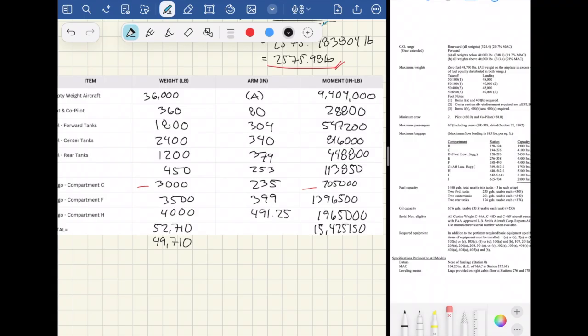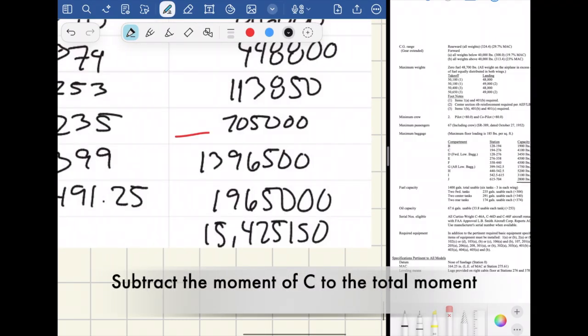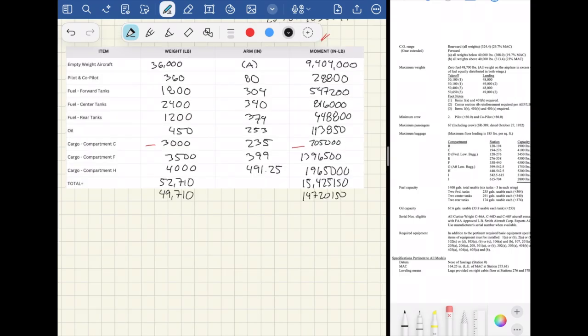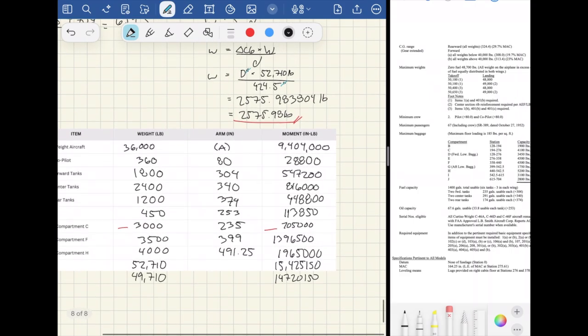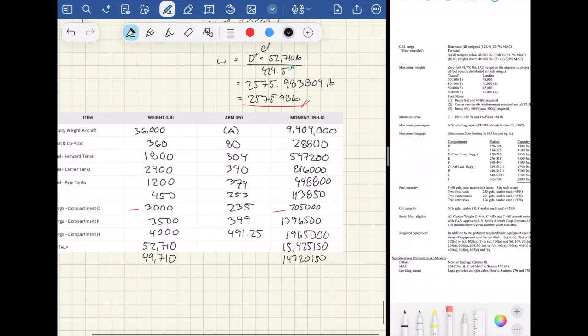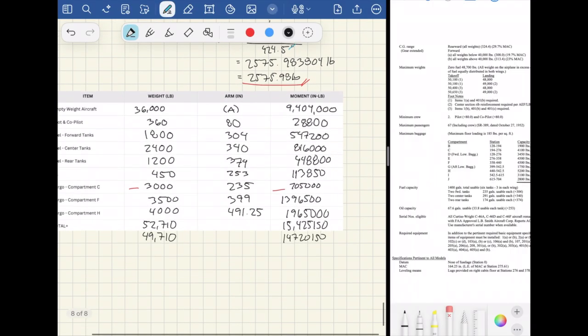For this instance, pinapakita ko lang para lang ma-visualize natin. So, sa moment, we have 147,201.50. Go back sa ating weight shifted. So, our weight shifted is ito, yung mayroong decimal, para talagang accurate. We're gonna use na yung hindi na round up.